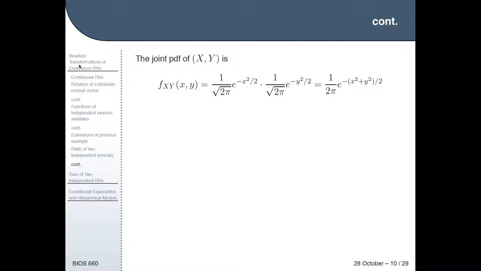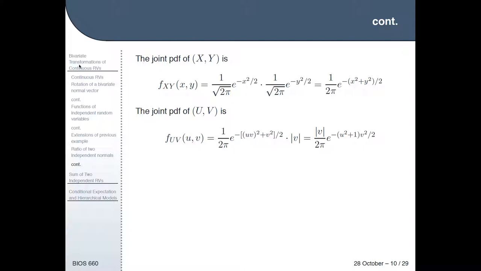So, the joint PDF of x and y, as we've seen various times earlier, is just 1 over 2 pi e to the minus x squared plus y squared over 2. And so to find the joint PDF of u and v, we substitute uv for x and v for y, and then multiply by the absolute value of the Jacobian, which is the absolute value of v in this case.